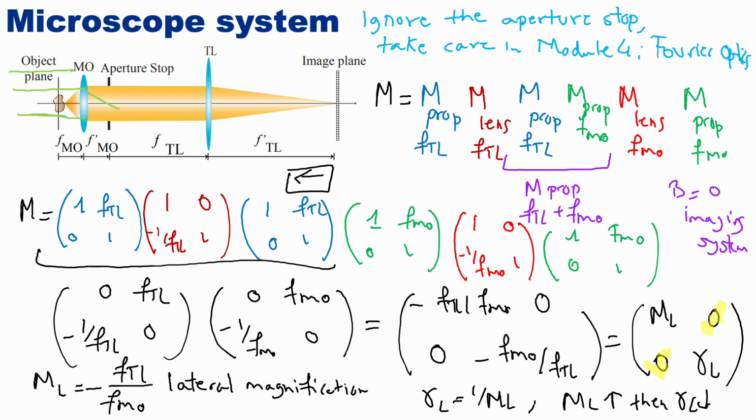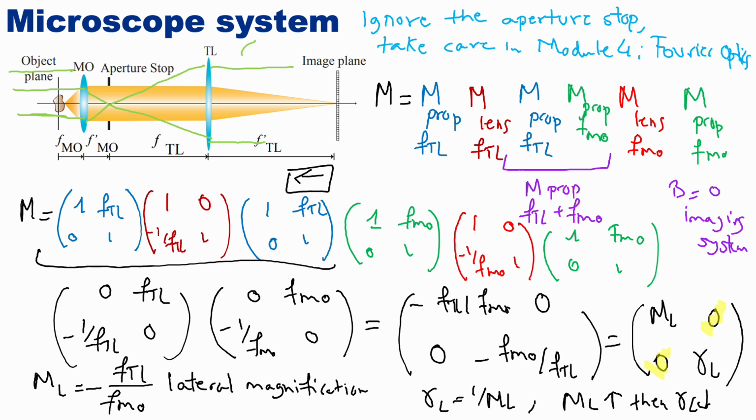It's going to meet the objective lens, and because it's going to the focal length, it's not going to converge. Because the back focal point of the microscope objective lens coincides with the front focal point of the tube lens, at the end we're going to have also a parallel beam.